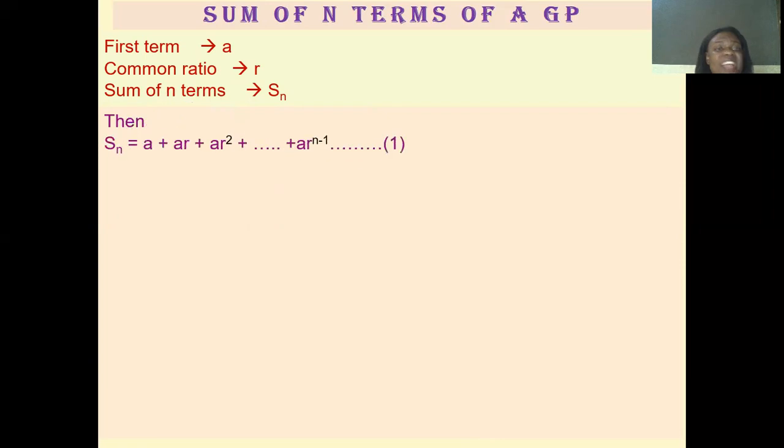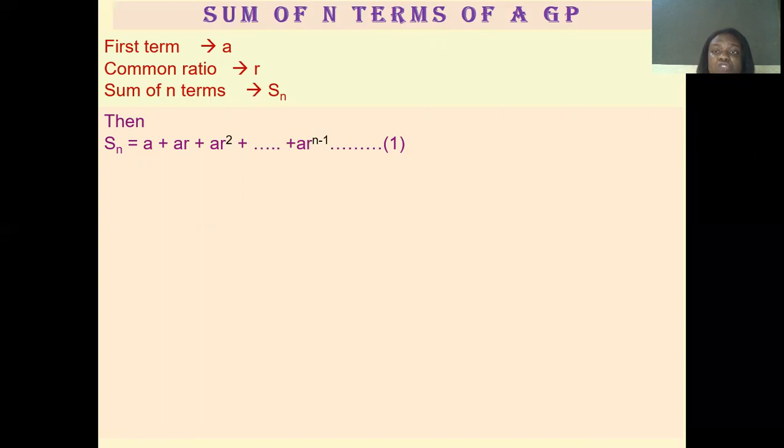So we can form an equation for S of n using the sum of terms, right? So we say the first term A plus AR is the second term, plus AR square plus all the terms that lead up to AR raised to n minus 1, which is the last term. Now we need a second equation to be able to simplify further.